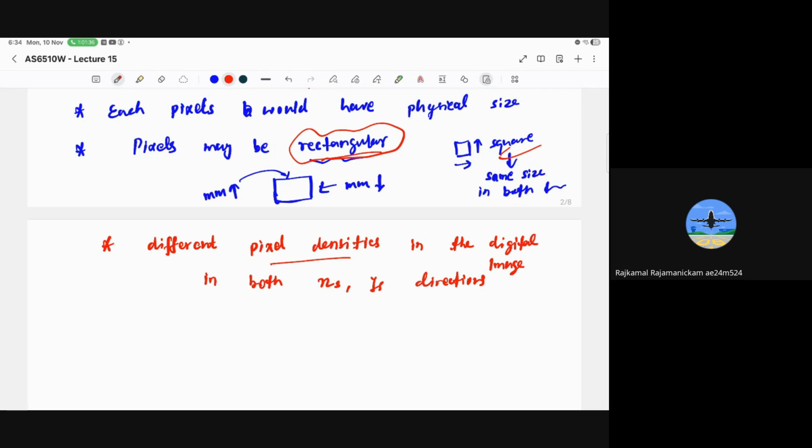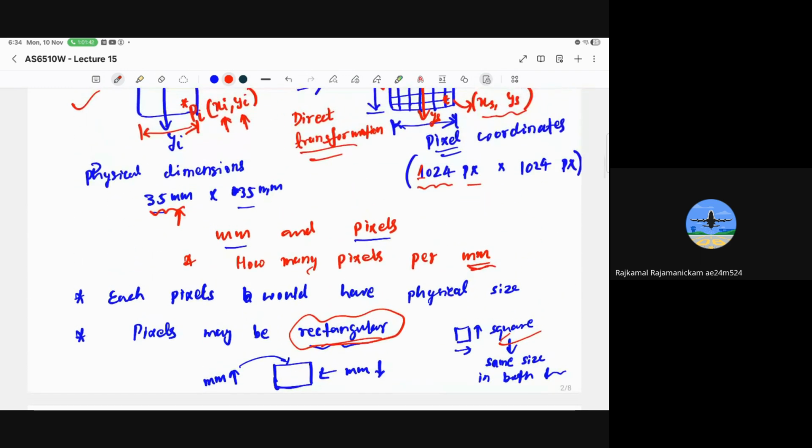Now we have to find different pixel densities. If the pixel densities are different, then we have to find the relation. Whatever relation we have between millimeter and pixel will be different in both the x and y direction.